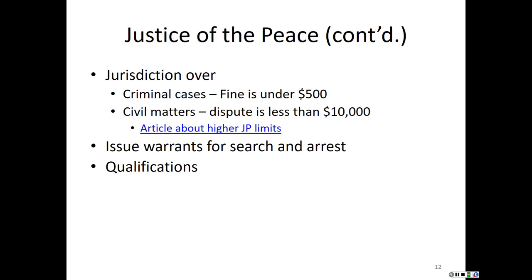Qualifications. How do you get your job to be a JP? Well, got to be a registered voter. And guys, that's it. Have to be a registered voter. Don't have to go to law school, don't have to be a practicing attorney, anything like that.